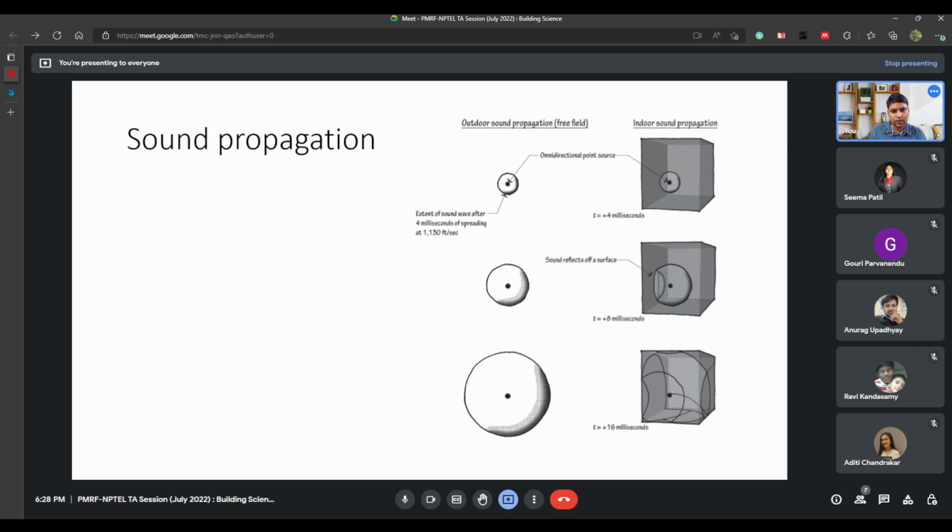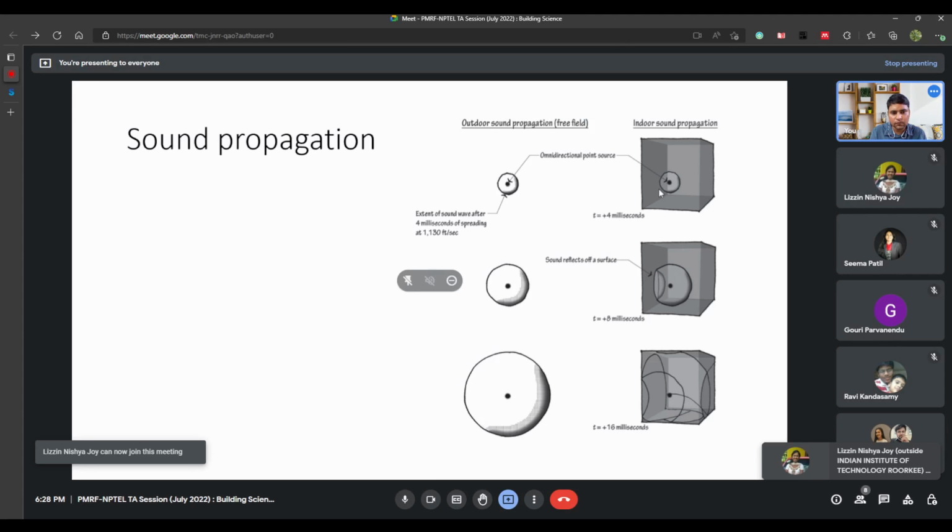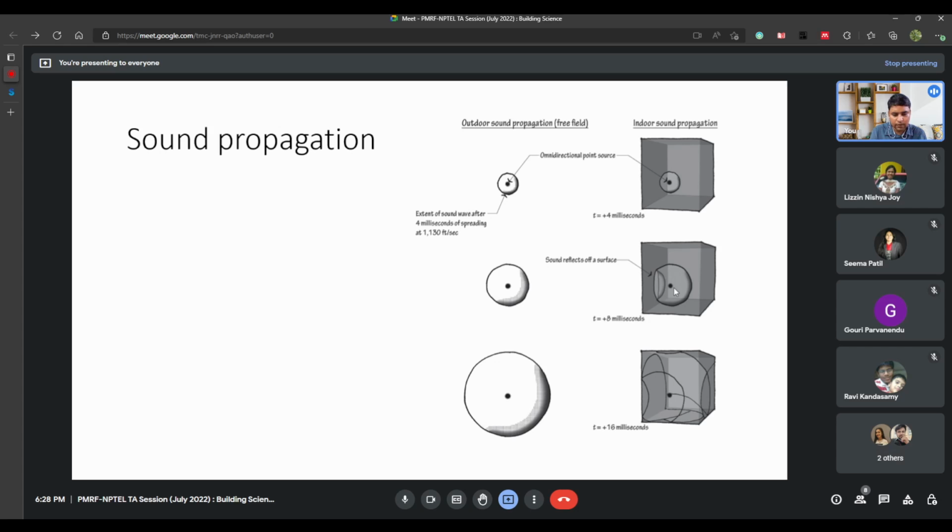So the absorptivity of a surface greatly determines when the sound decays. If we have that particular point source, it will decay over several milliseconds. In this case, imagine you have perfectly reflective surfaces. Once the point source starts emitting, you all know that sound propagates in a general air atmosphere on average at 343 meters per second.